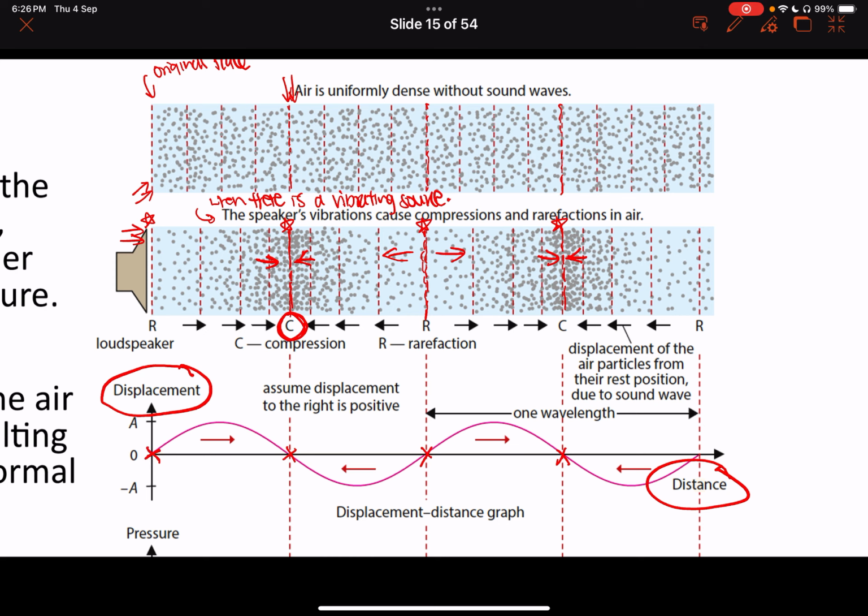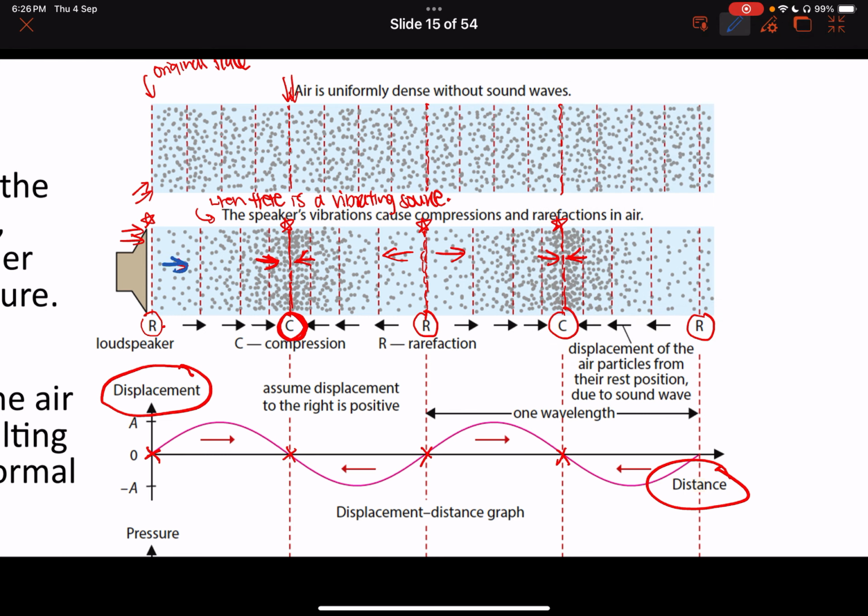But now the thing to notice is between each of the rarefaction and the compression. This is where things will get very interesting. In the rarefaction, particles are trying to get away from it.